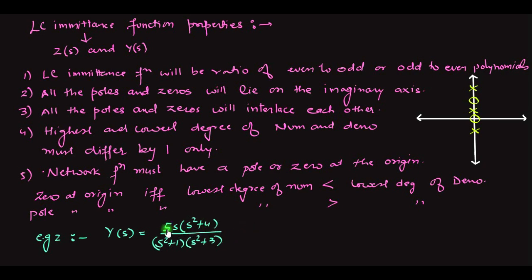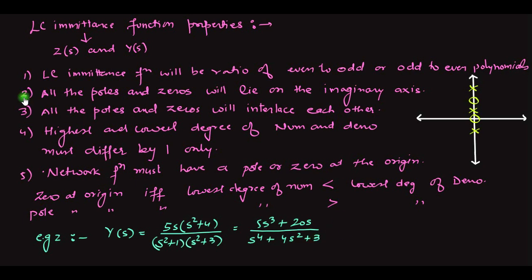In the numerator, if I multiply it, I will get 5s cube plus 20s, and in the denominator I will get s raised to power 4 plus 4s square plus 3. I have all the odd part in the numerator and even part in the denominator, so it is satisfying condition number 1, that is, it is the ratio of odd to even.